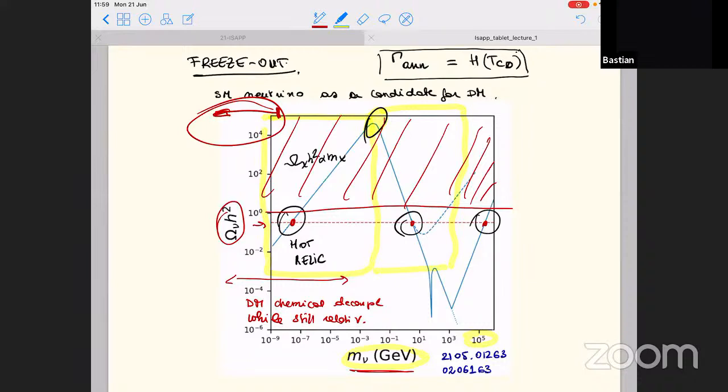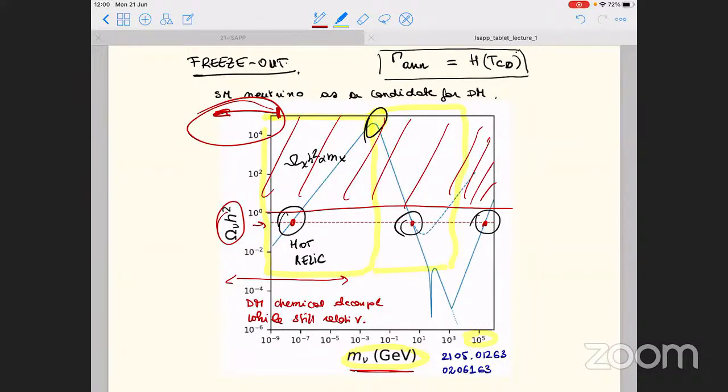It's possible, but it will have a higher relic abundance. Yeah, that is my point. So you are cutting off in some way, because you are saying it is not a physical region: it will overclose the universe. Yes.